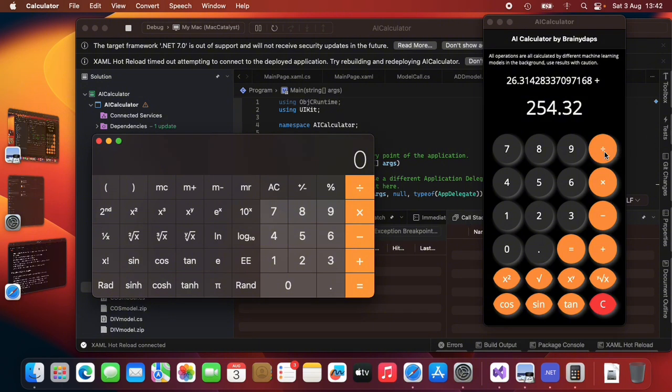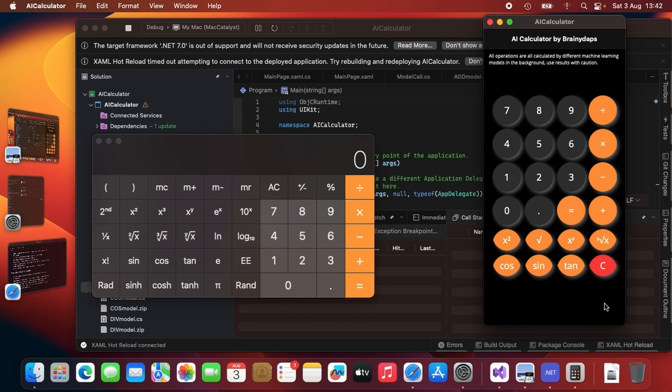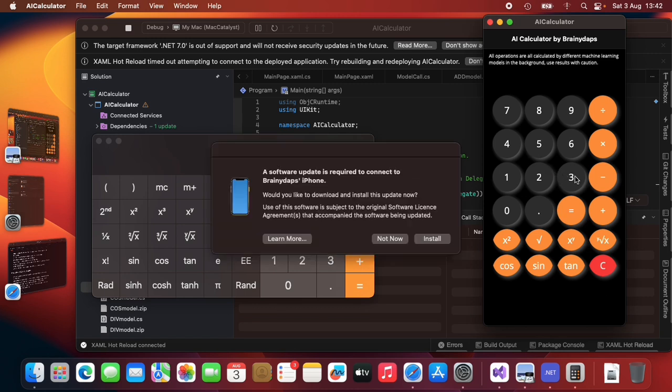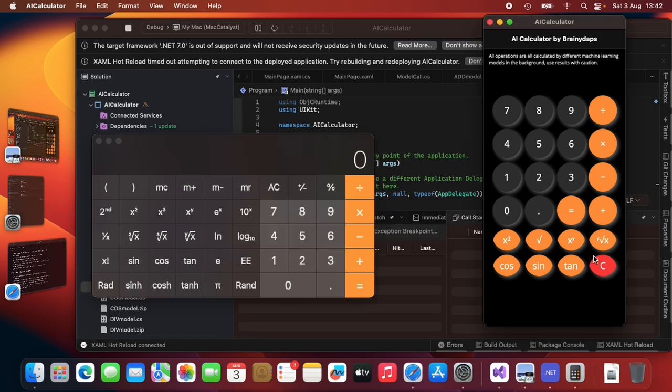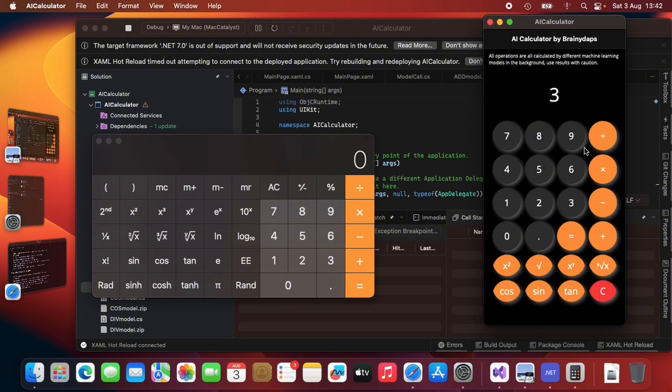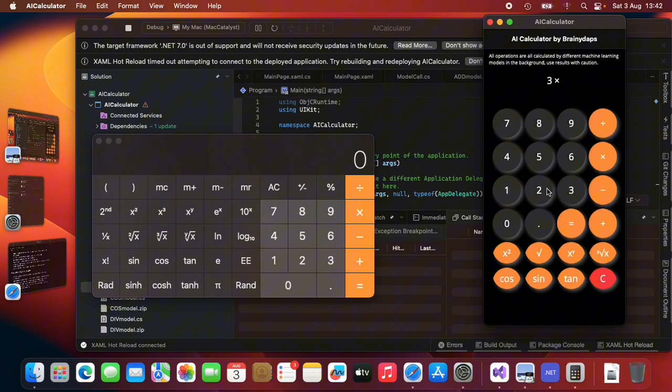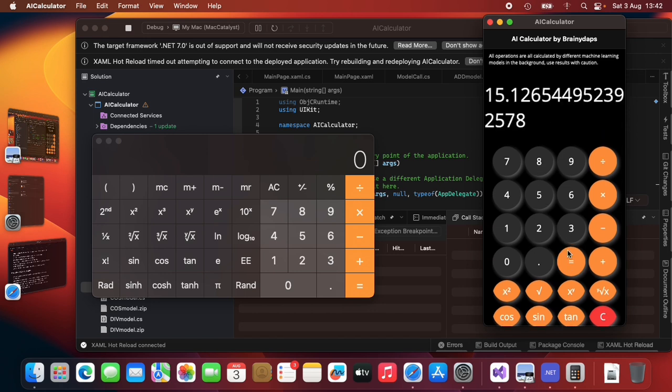So now let's try the addition and division, and the rest are still happening normally. The only thing we need to try now is multiplication. Let's try 3 times 5, for instance. 3 times 5 is 15. You can see, very close.